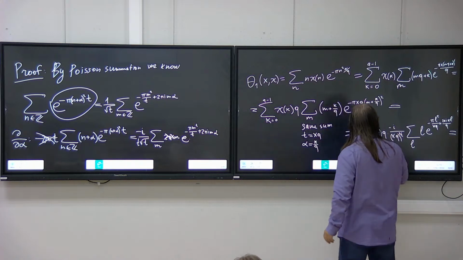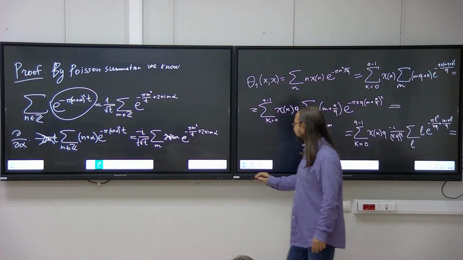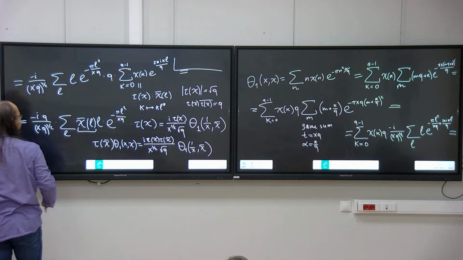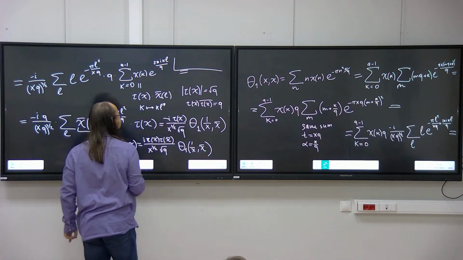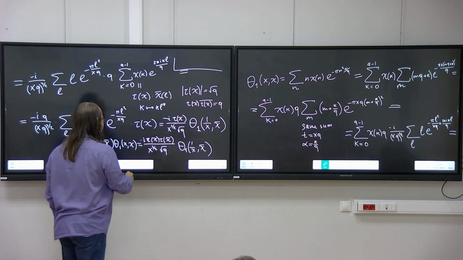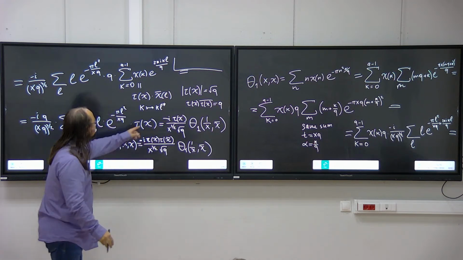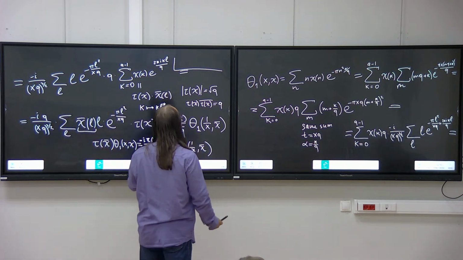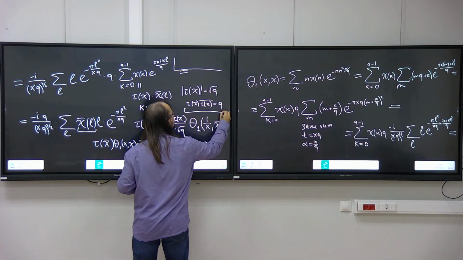So here you should get minus, and then here you should also get minus, and here you should get minus, and here you also get minus, and so on. Everywhere where you get i, you should get minus i. But it's okay, because, well, you have this formula.